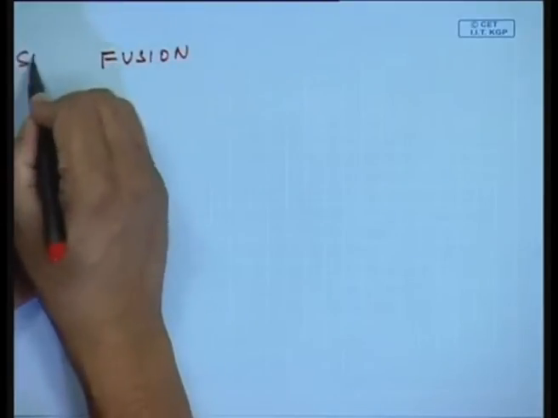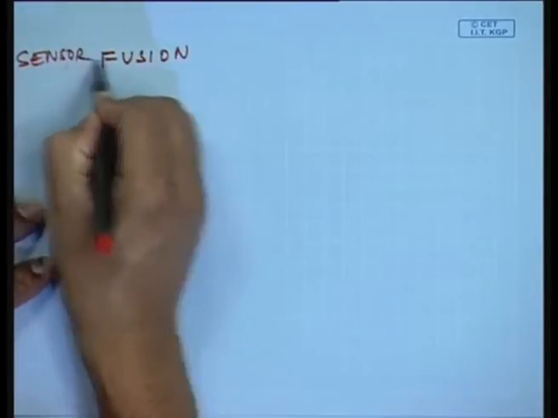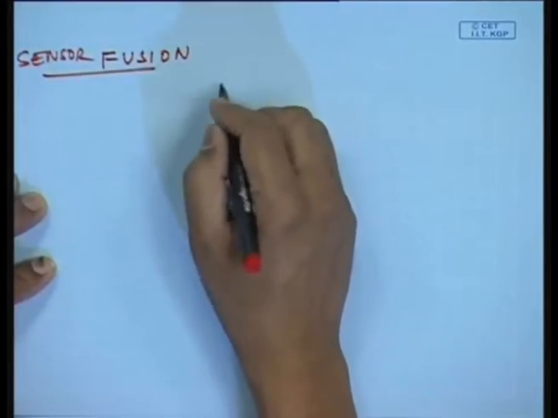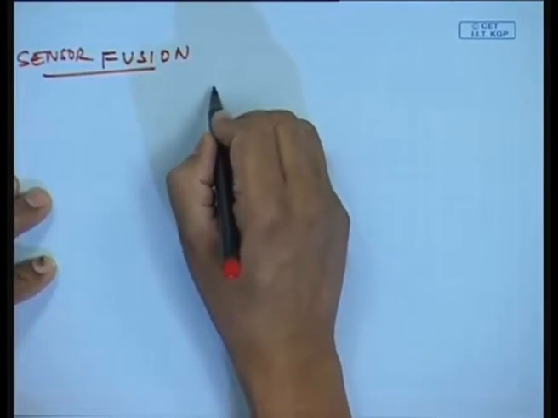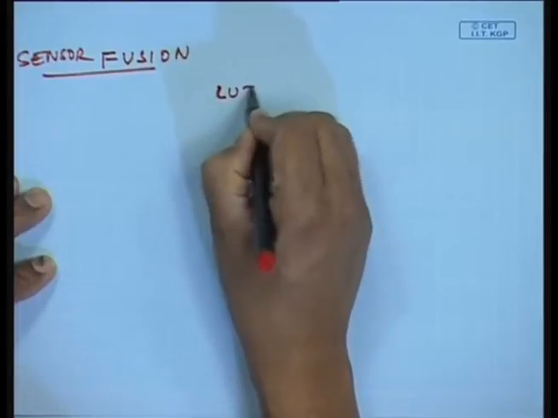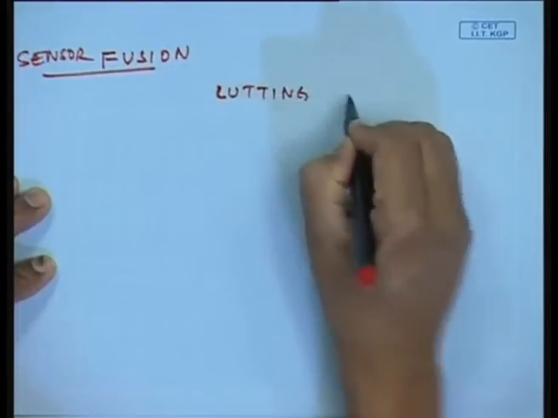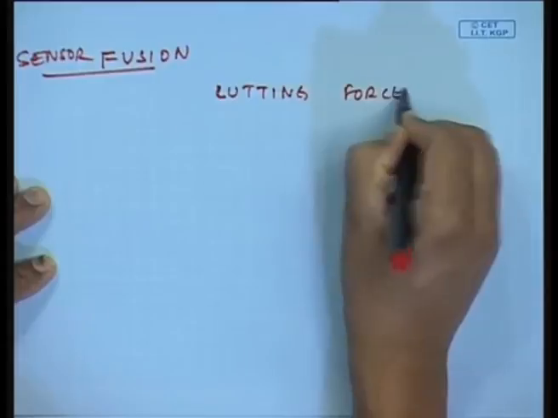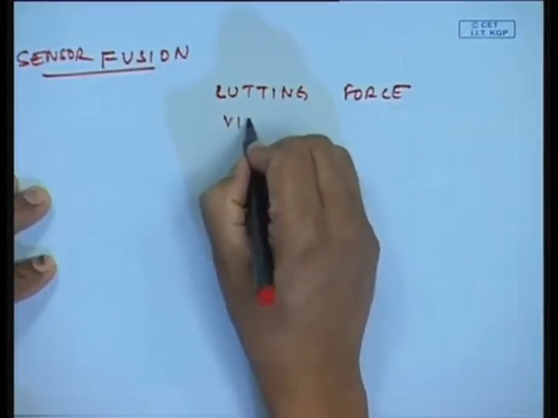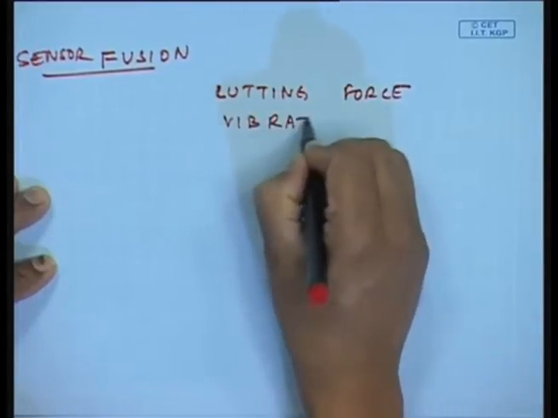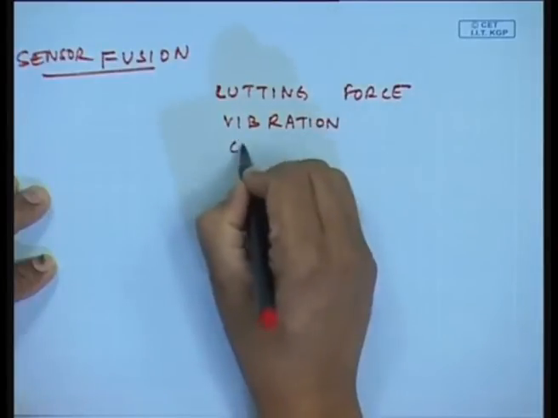When we have sensor fusion, we could have cutting force, we could have the vibration, and we have the current.